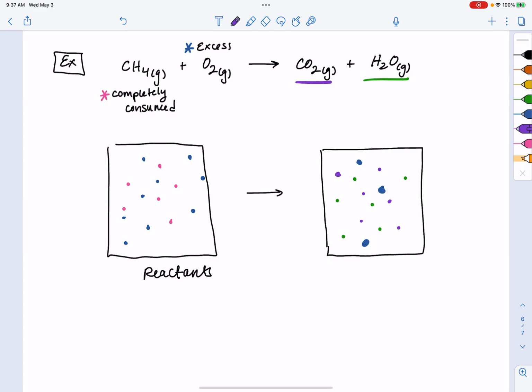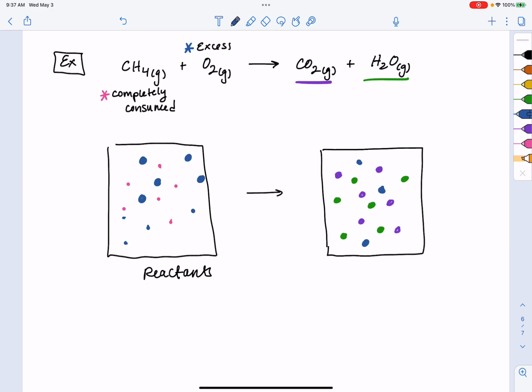Let me make these just a little bit bigger so that you can count them a little bit easier. This is me just doing some off the cuff stoichiometry, using what I know about my mole quantities and mole ratios of gases used here.